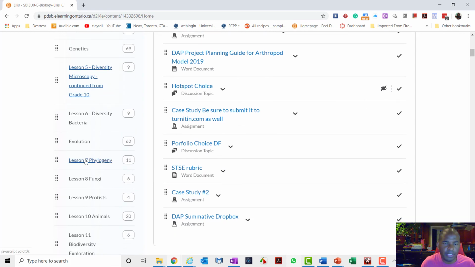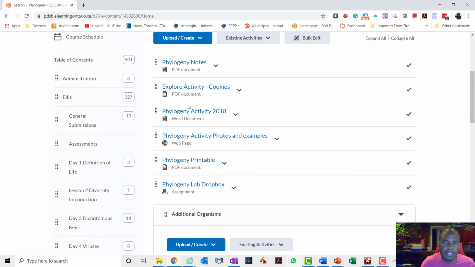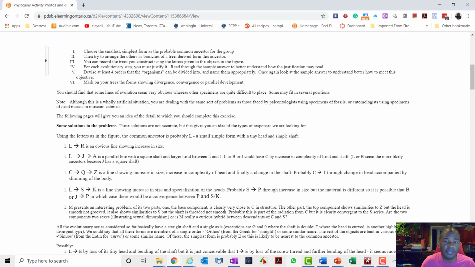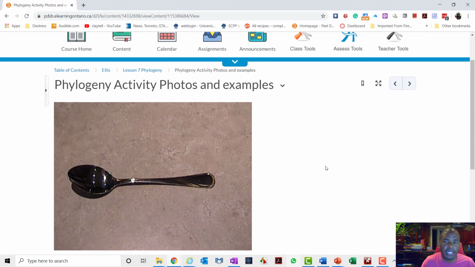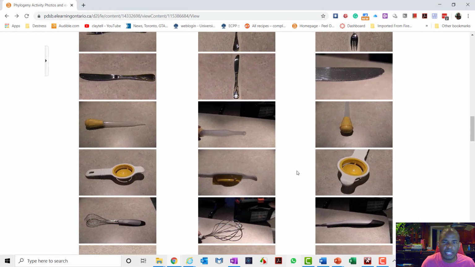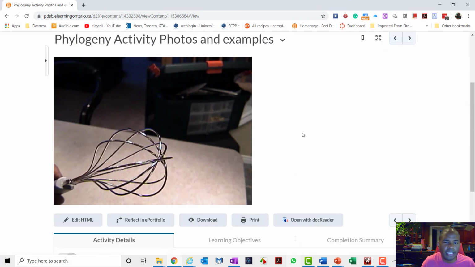Lesson 7 Phylogeny. And you'll see phylogeny activity, photos, examples. So if I click on this, it's a web page. And on here, ignore all these instructions, but if you click on any one of these graphics, you'll get a bigger version. Right? So if you're trying to get a little bit more detail of what this looks like, because you can't see it very well, click on it and you'll get more detail.